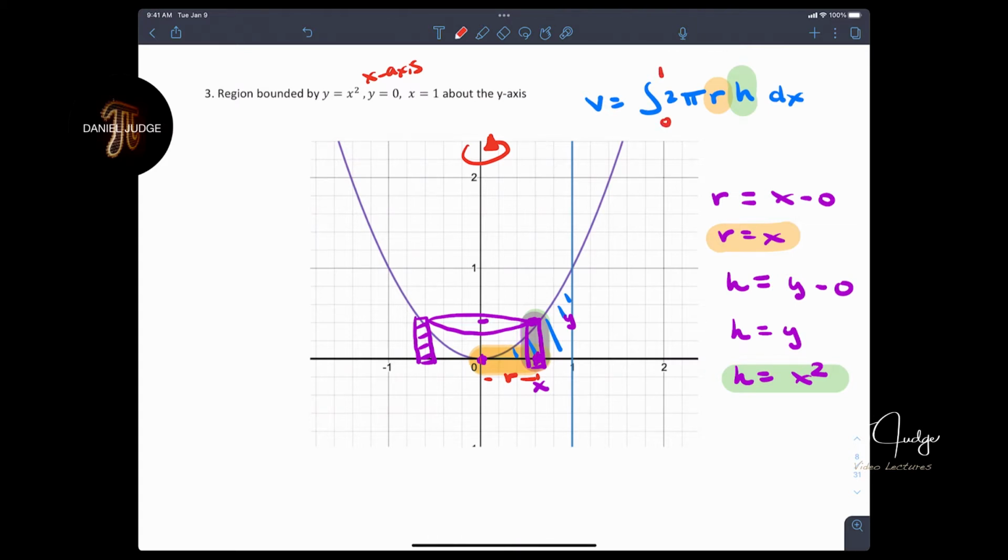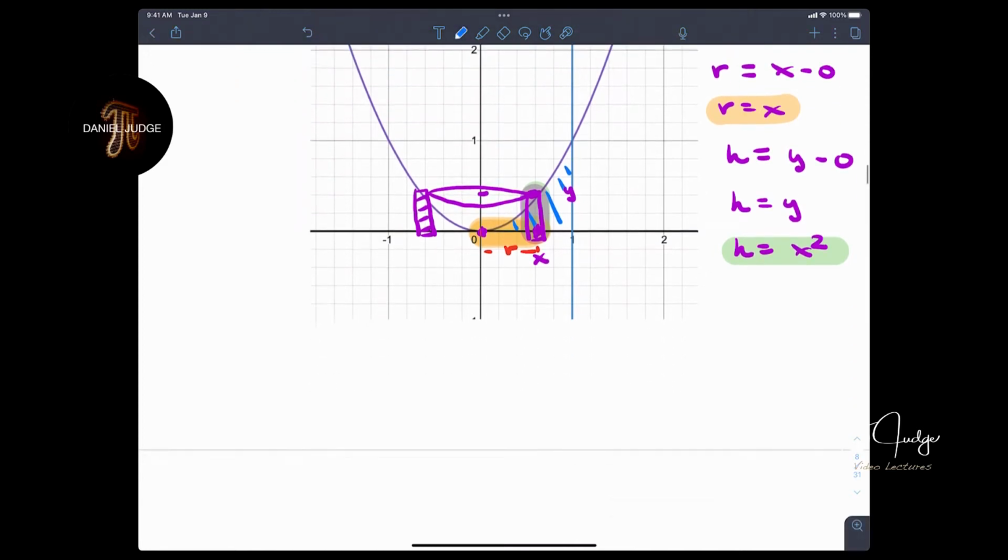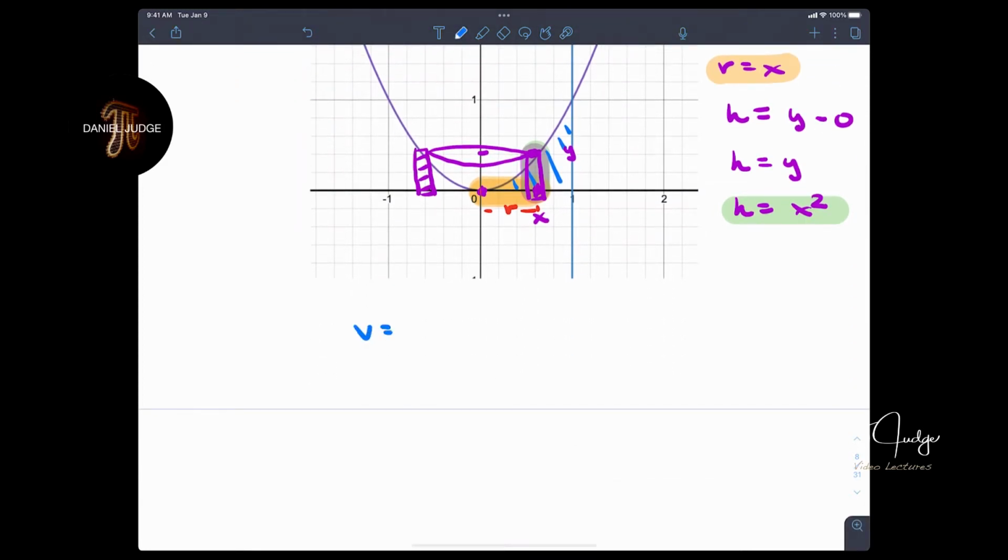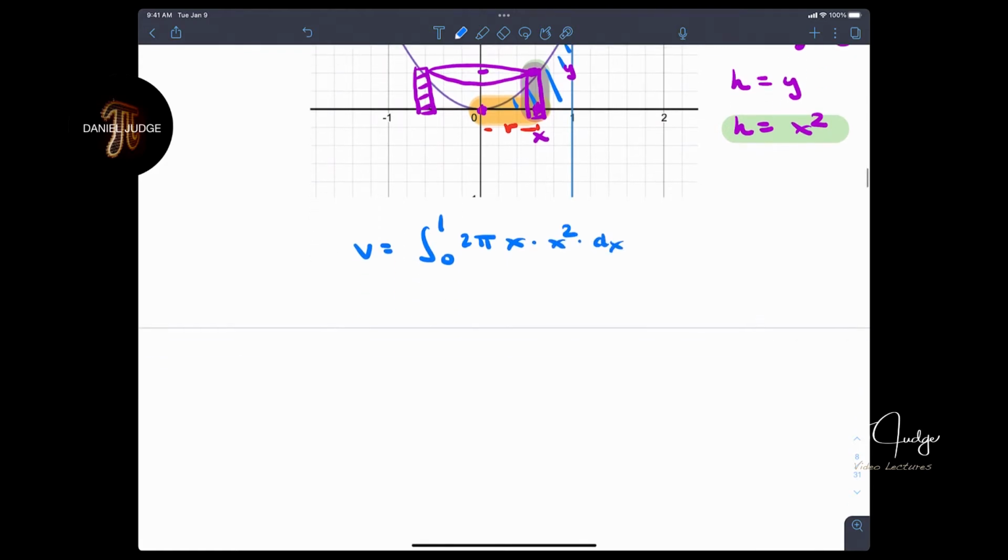And that's what's in this picture here. So your volume now will be the integral from 0 to 1, 2 pi x times x squared dx, which is the integral from 0 to 1, 2 pi x cubed dx. We can pull out the 2 pi.